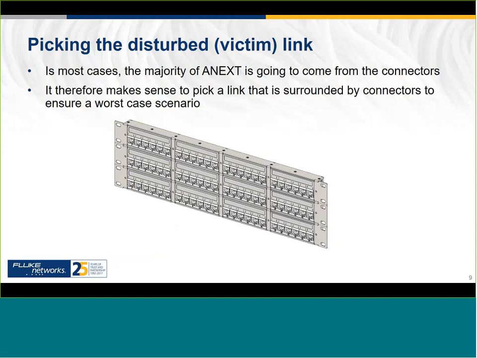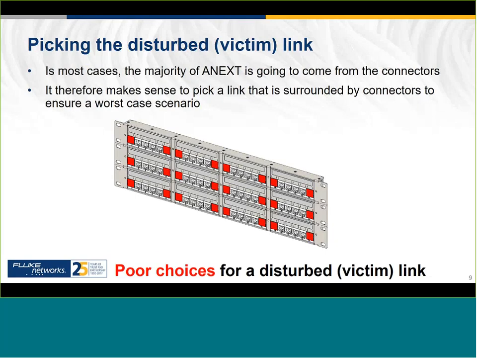So if we have a look at this particular patch panel, if we took the connectors in the corners there, they would not be good choices for a disturbed or victim link. The reason for that is the adjacent connectors have a gap between them.